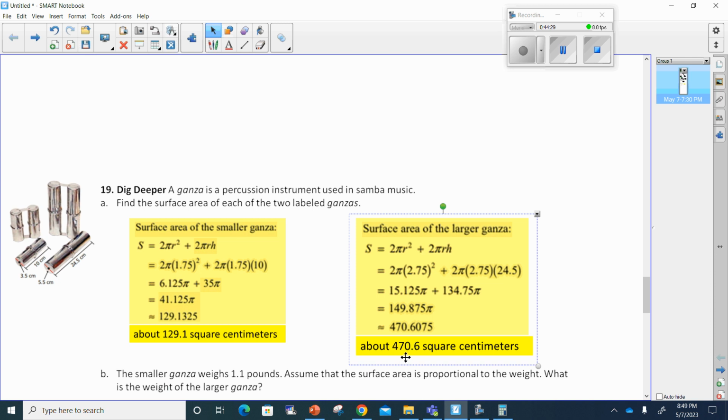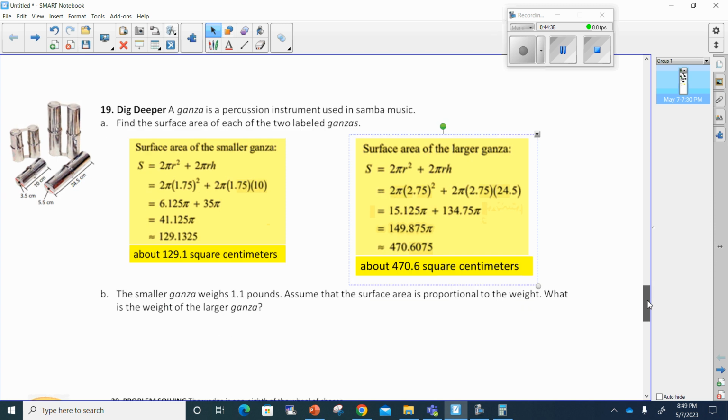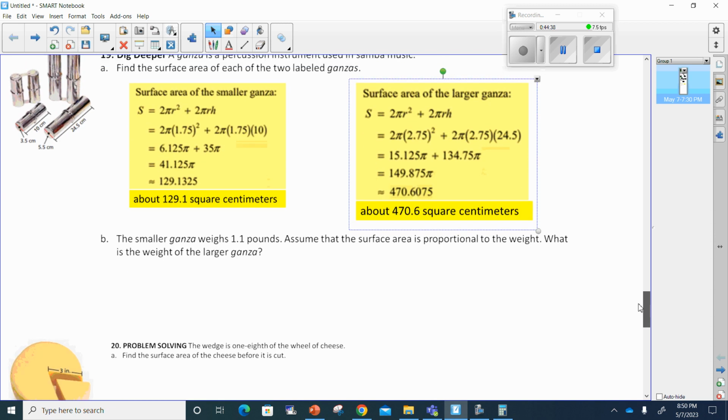When we do all the math, we get about 470.6 square centimeters. Now, this says find the surface area of the 2 we did. Now it's asking, the smaller ganza weighs 1.1 pounds. Assume that the surface area is proportional to the weight. What is the weight of the larger ganza?